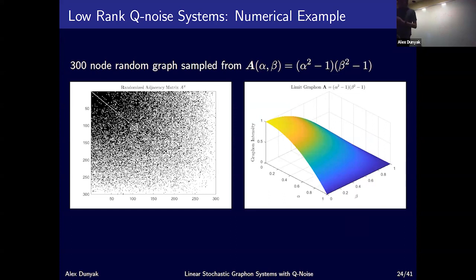And this adjacency matrix here, because it's randomly constructed, is actually nearly full rank. I believe it is rank 299 out of 300.